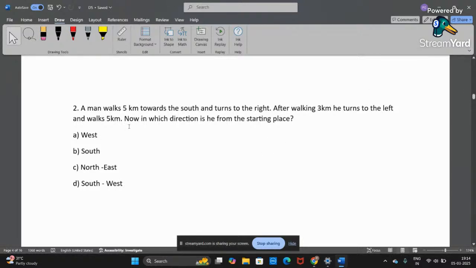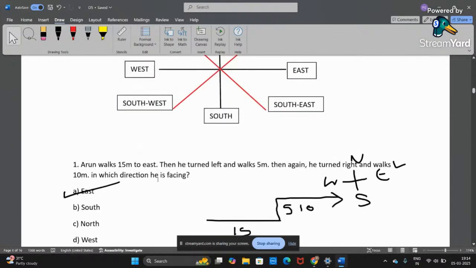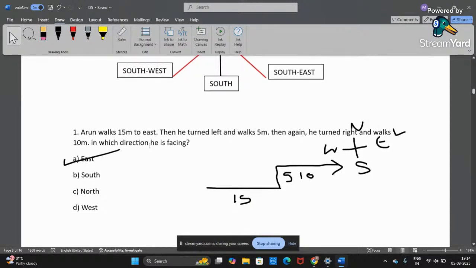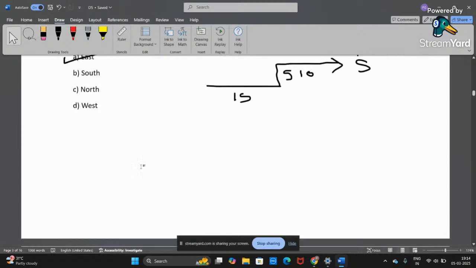Now, a man walks 15 kilometer towards south. First, the main thing is, when you're solving this type of question, first you need to understand the question, then you have to draw properly and you have to find the answer. Let's move on to find the second one.